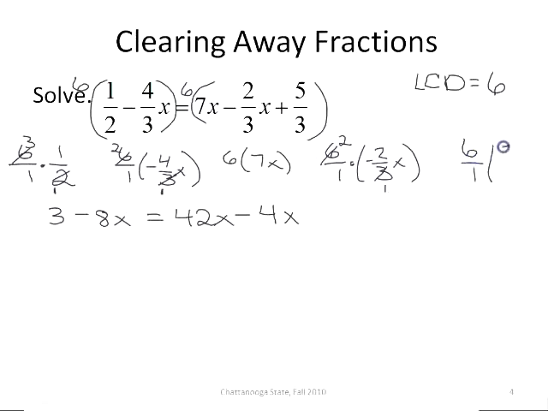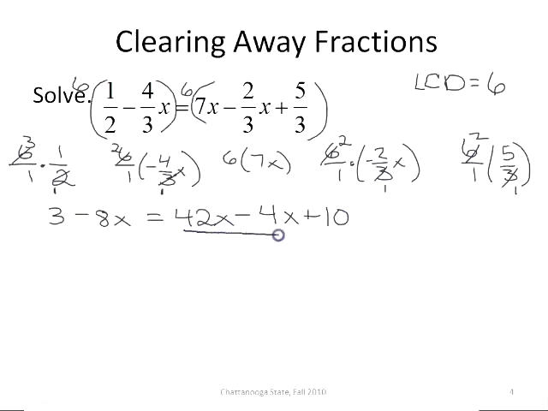And then finally, I want to multiply the 6 over 1 times the 5/3. So I'll reduce the 6 and the 3 again. So that's going to give me 2 times 5 over 1. So 2 times 5 is 10. Now, I still have the same number of terms in this equation, but I don't have any fractions in here. So that's what I was trying to accomplish.